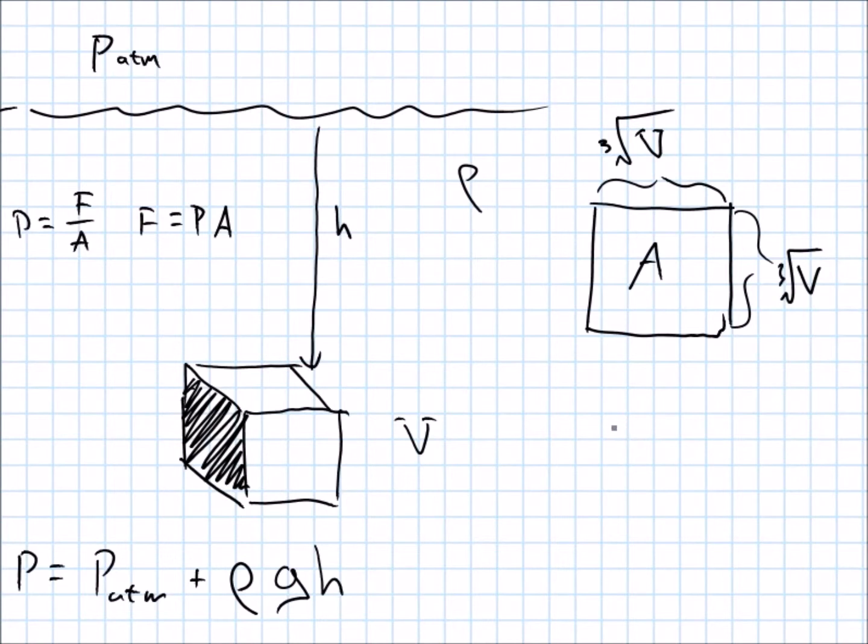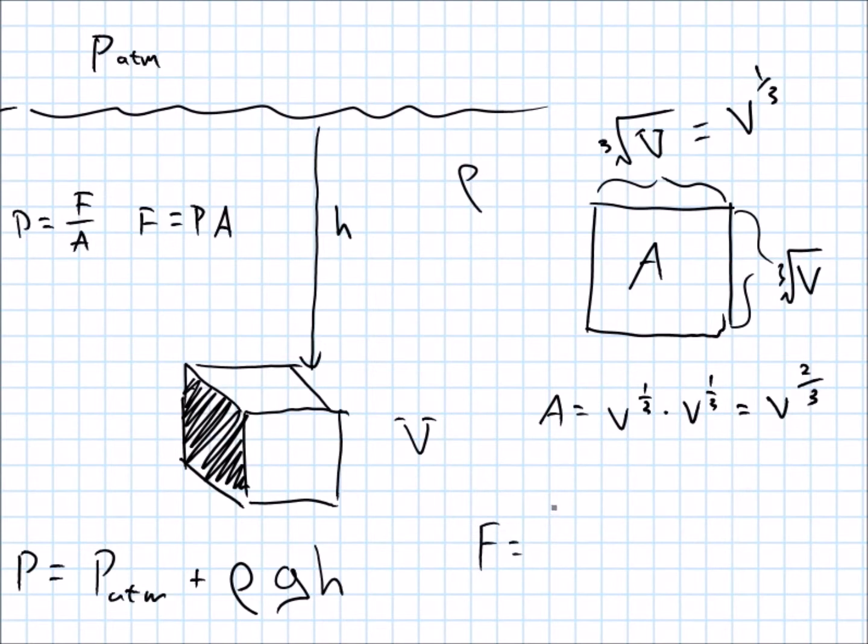Seems a little bit weird, right? But the cube root of volume can be written as volume to the 1/3. And so if we have volume to the 1/3 times volume to the 1/3, we get volume to the 2/3. So the area of the side of a cube is its volume to the power of 2/3. Weird, right? So that'll get us our final answer.